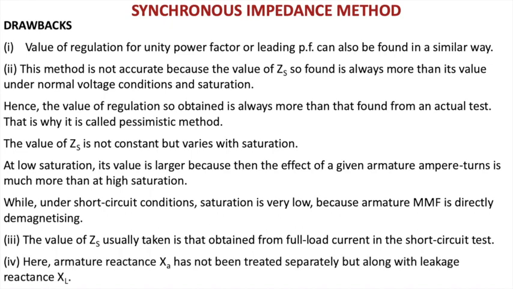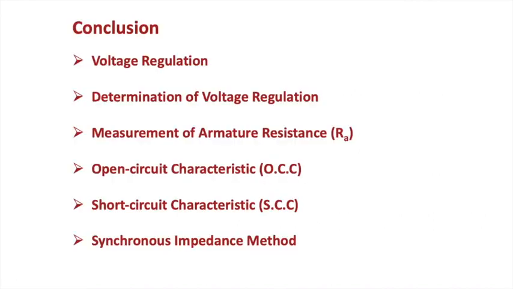Here armature reactance XA has not been treated separately, but along with the leakage reactance only. It is the combined reactance, that is XS, that has been taken, not XL, and the armature reactance drop has been considered separately. So these were the disadvantages of the synchronous impedance method.